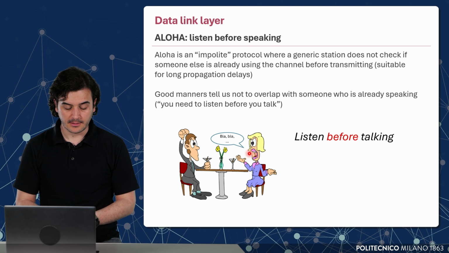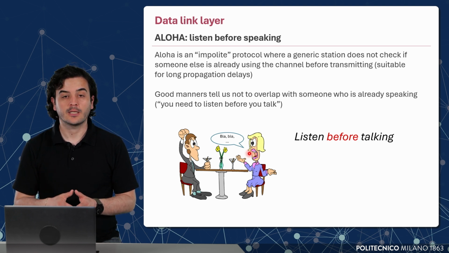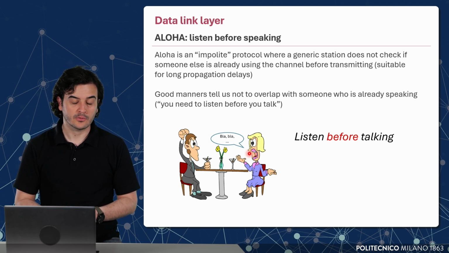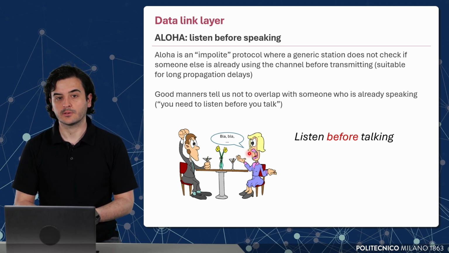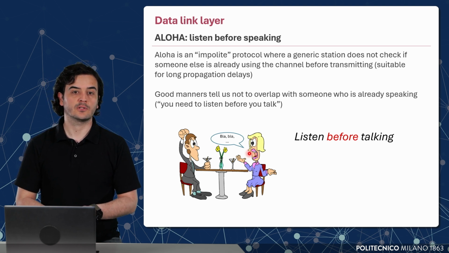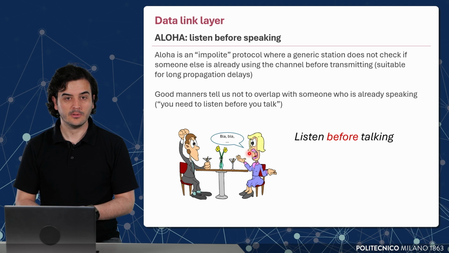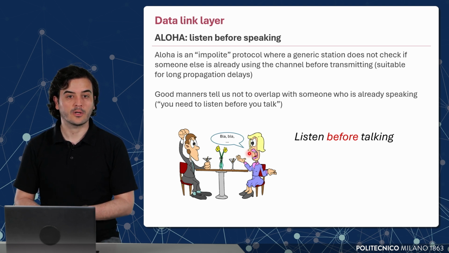The main idea is that just randomly resetting the time at which you transmit is not sufficient to avoid collisions. It is also important to put in place mechanisms that check if the channel that you intend to use is free, is available, and we refer to this as listening before talking.